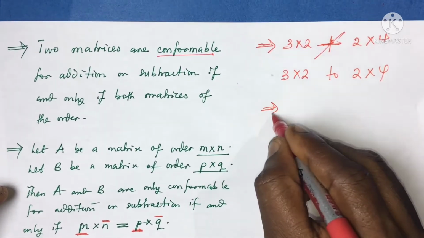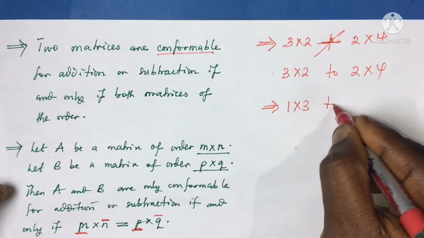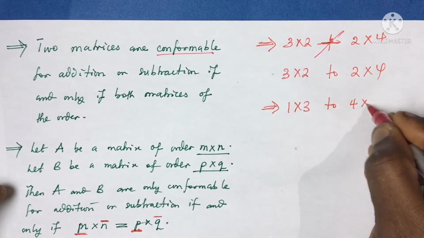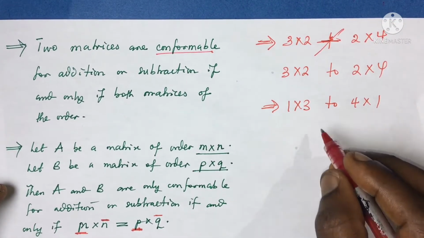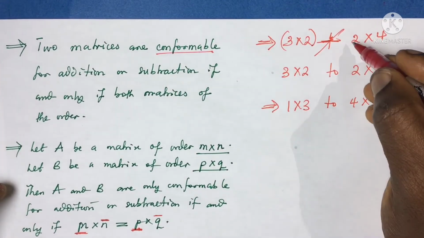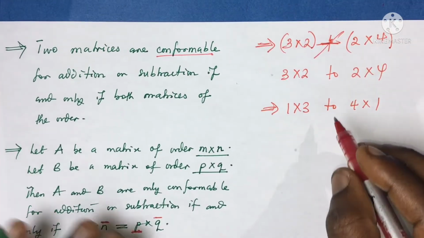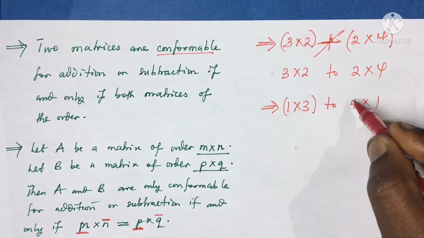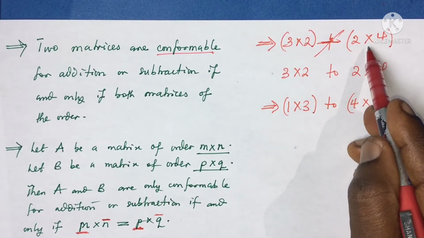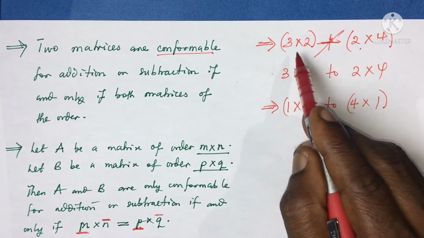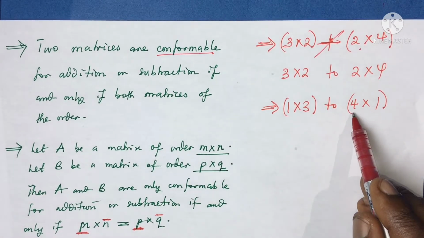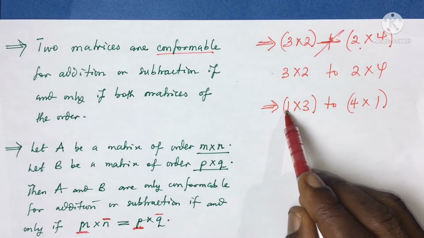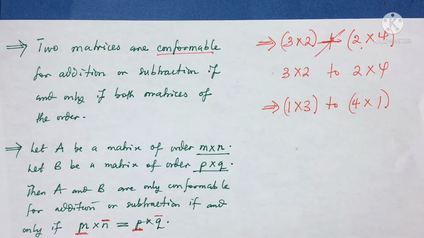You cannot add a 1 by 3 matrix to a 4 by 1 matrix. So why can't you add these matrices? Why can't you subtract a 2 by 4 matrix from a 3 by 2 matrix? And why can't you subtract a 4 by 1 matrix from a 1 by 3 matrix? It is simply because the two matrices are not of the same order.